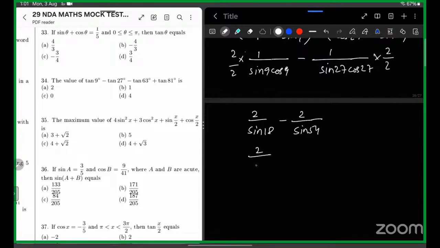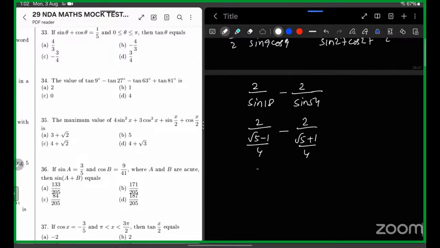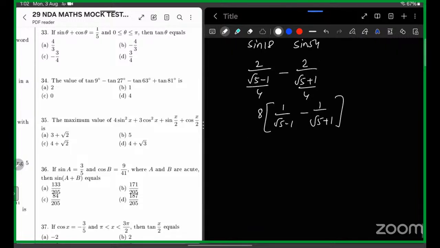Now you need the value of sin 18. Sin 18 is root 5 minus 1 by 4, and sin 54 is root 5 plus 1 by 4. To do the cross multiplication, you are going to get 8 common in bracket, root 5 minus 1, root 5 plus 1, like this.